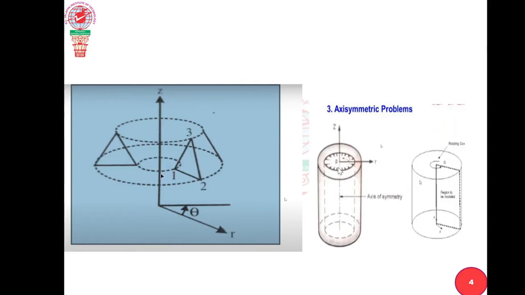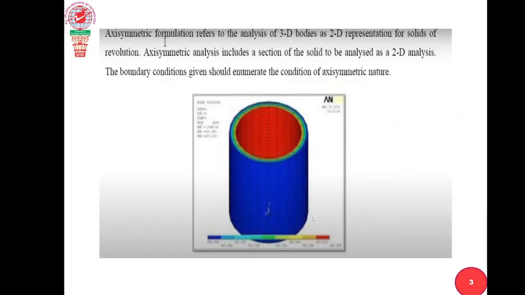This is the axis, and with respect to that axis there is symmetry, in geometry, boundary conditions, or load conditions. Whenever boundary conditions or geometric properties are all symmetric with respect to the axis, we call those axisymmetric problems.